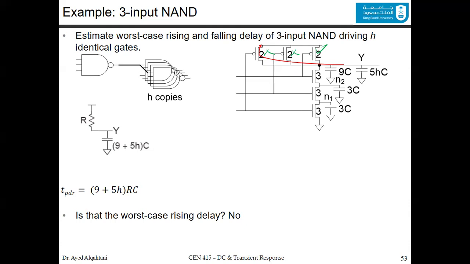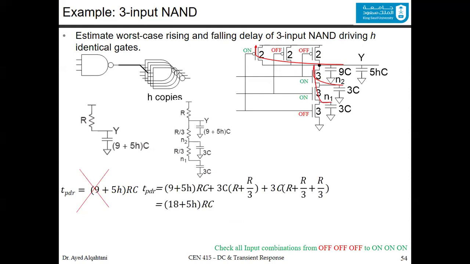Now, from these 3 scenarios, which one will give you the worst case scenario? The worst case is given by this one, which is when this is off, and this is on. Why? If this transistor is on, then definitely this one is off.